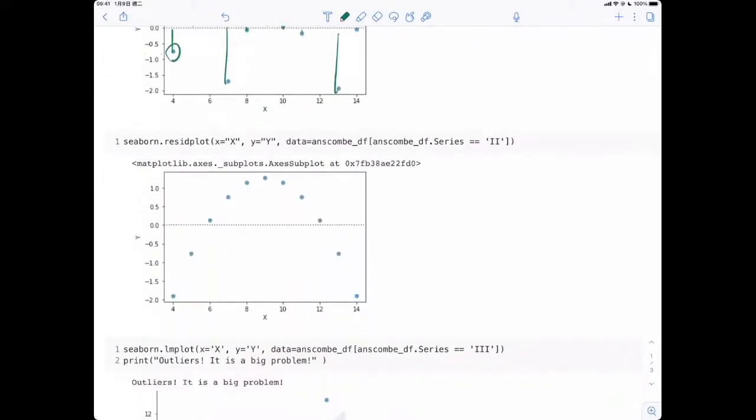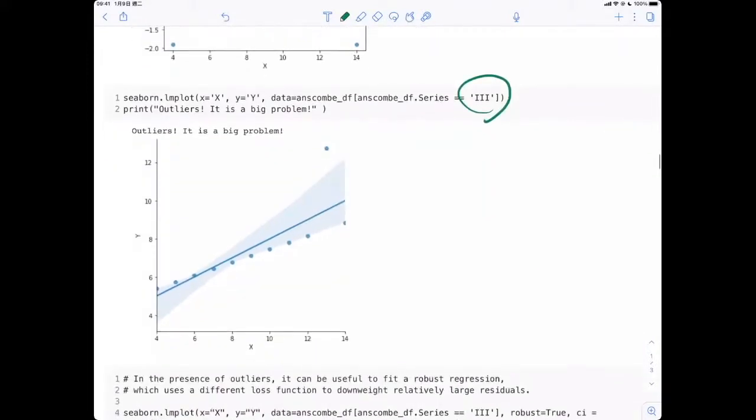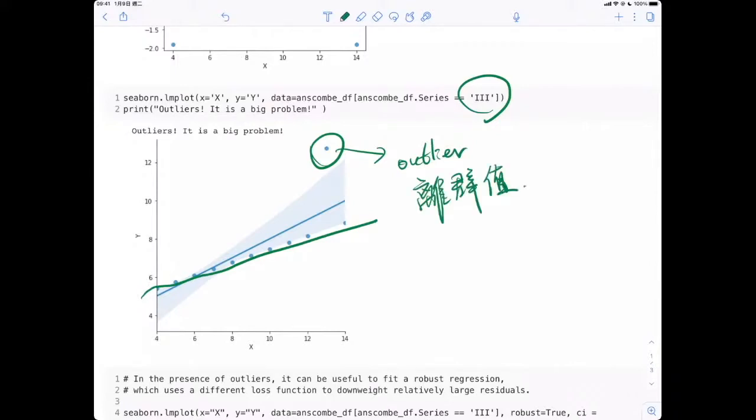So you can see that when you change it to 2, the residual is larger. For number 3, we can see that most of the data align with the linear model. However, one of the data points is far away from what we expect, and that is called an outlier. In Chinese, it is called 离群值. When you use those training data to try to make a model, those outliers will affect it a lot, as you can see here.